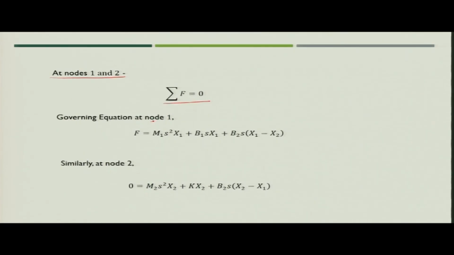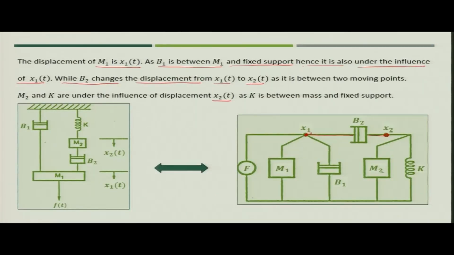So, for node 1, let us write the equations in the Laplace domain. For f1, we get m1 d2x1 by dt2, b1 dx1 by dt, and force. These are the three elements which you will see.